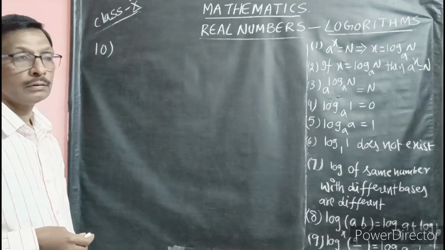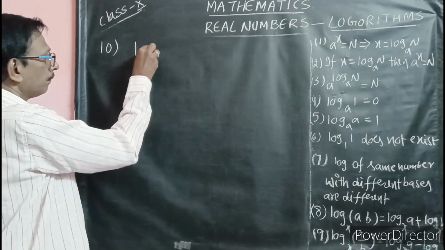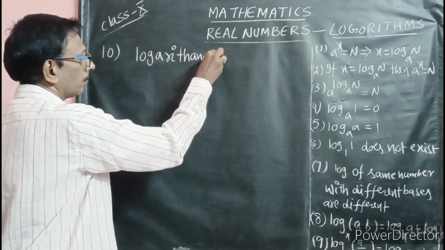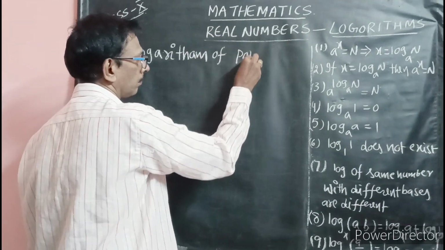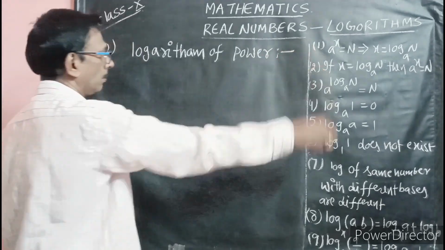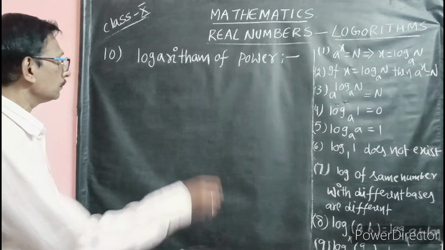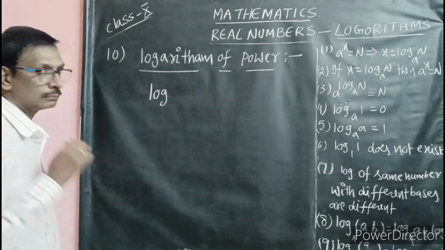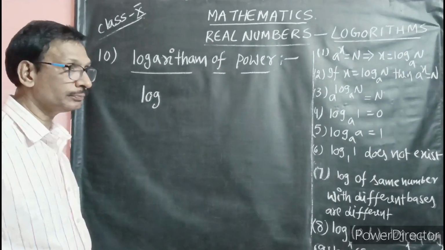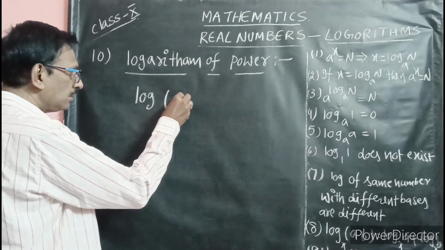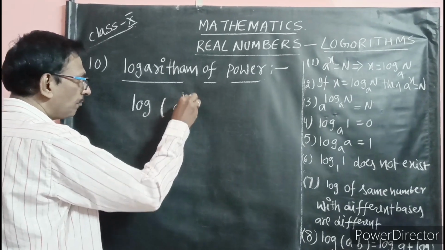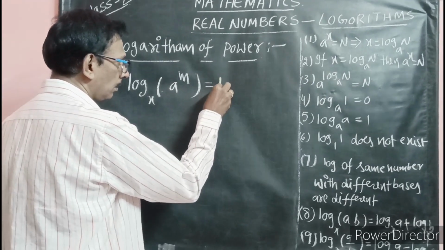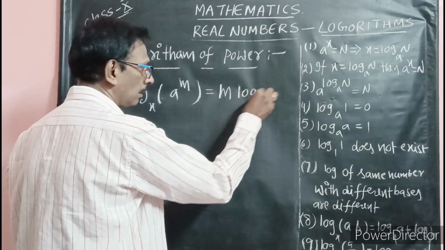The last one, logarithm of power. The equation is in the form log a to the power of m to the base x is equal to m log a to the base x.